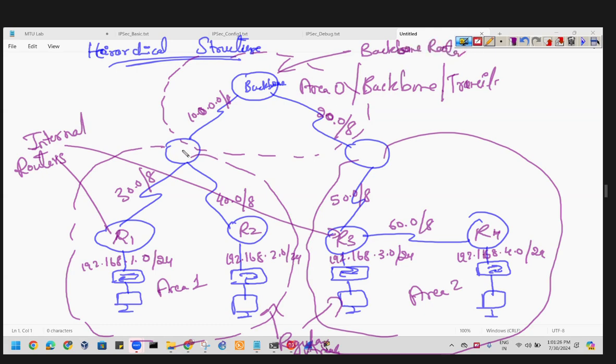Routers that are connecting two areas together, there's area 0 and area 1, these routers are called ABR routers, ABR1 and ABR2.